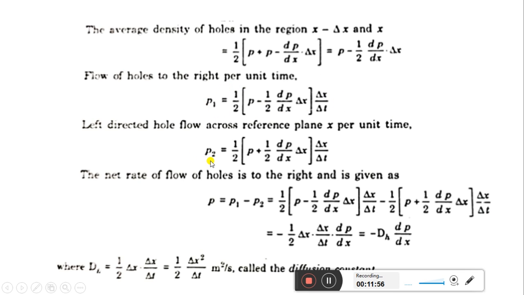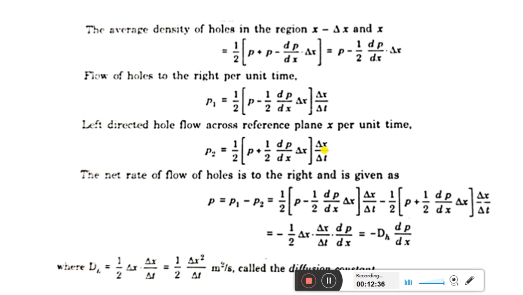So we can write the flow of holes to the left as P2, where P2 equals half of p plus half of dp by dx delta x, and delta x by delta t. So we have found two equations now, the flow of holes to the right and the flow of holes to the left.